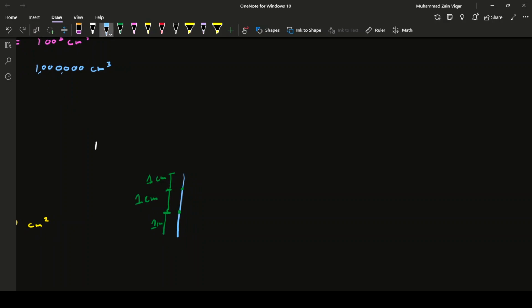Now if I were to extend this line on the other side as well, and make the markings again, 1 centimeter, and then again 1 centimeter, and then again 1 centimeter, and I were to complete the block like this, this is what I would get.